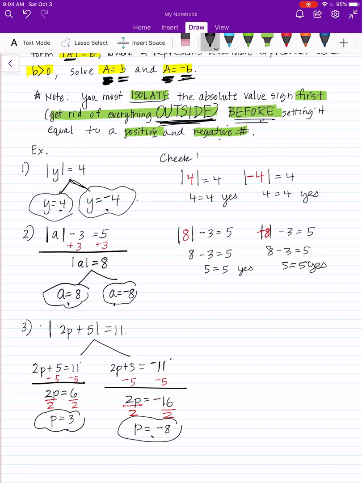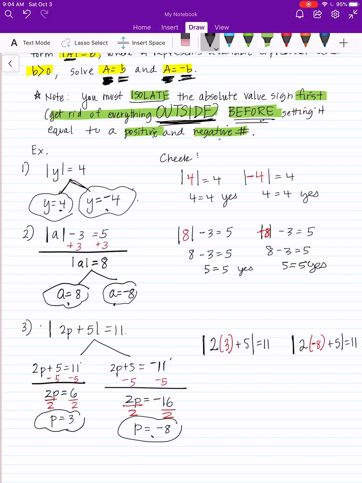All right, so let's do our check step like we were doing before, just to see, are we on the right track? So I have the absolute value of 2, and then instead of p coming to the beginning, I'm going to put in 3 because that was one of my solutions, plus 5 equals 11, and then I'm going to put in my other one, 2, and instead of 3, my other solution was negative 8, plus 5 equals 11.